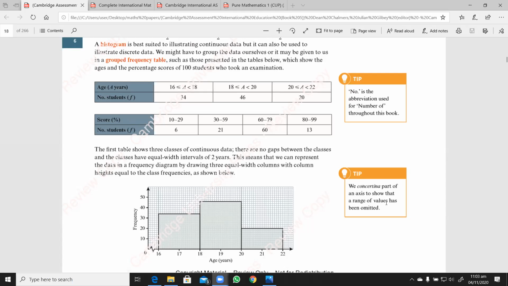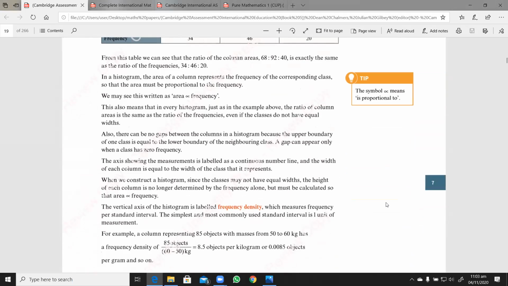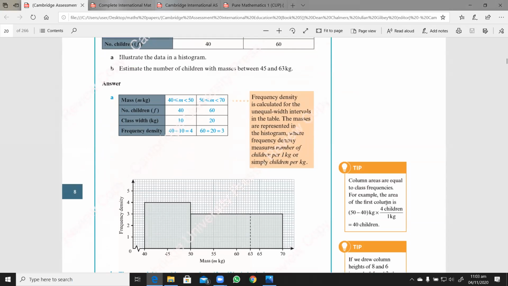And down here is the discrete data. Let me see here. Okay, mass is from 40 to 50, and the mass is from 50 to 70. So there are two groups. This is mass, continuous data. There is no need for the class boundaries here. Look at the number of children, the frequency. This is 40, this is 60.